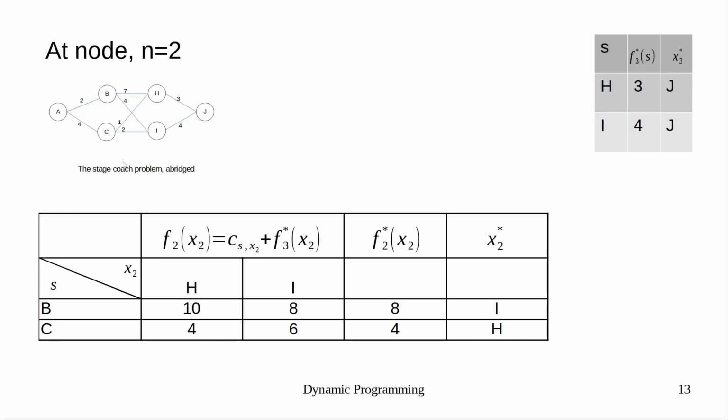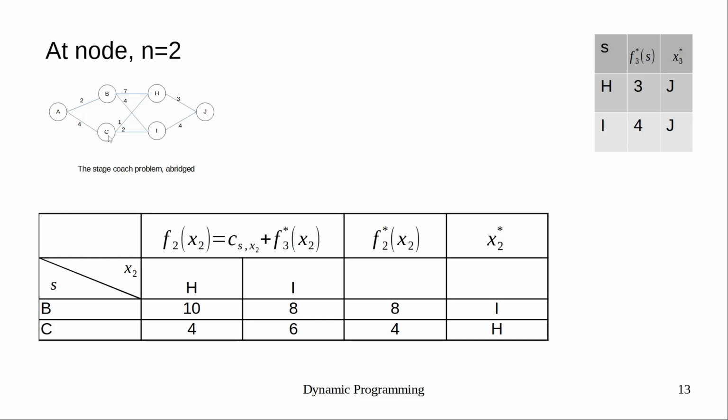If you go from B to I, the cost is going to be 4 plus going from I to J, F3 star(I), which is 4. So it's 4 plus 4, 8.